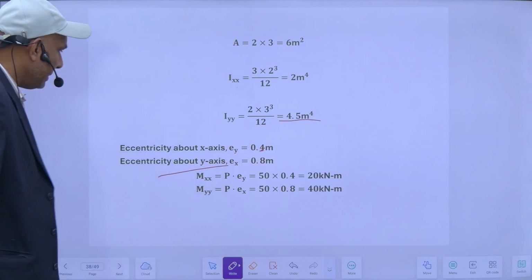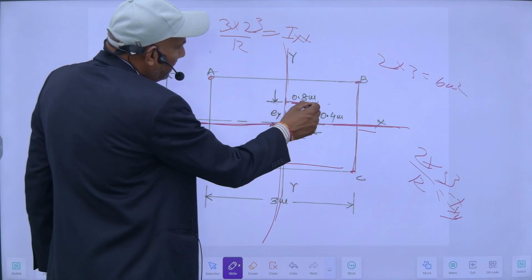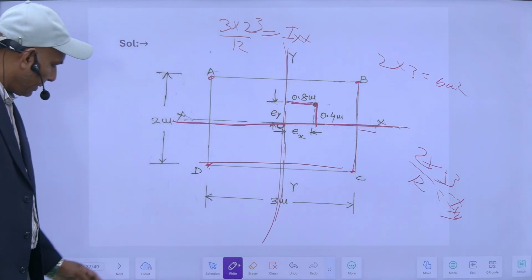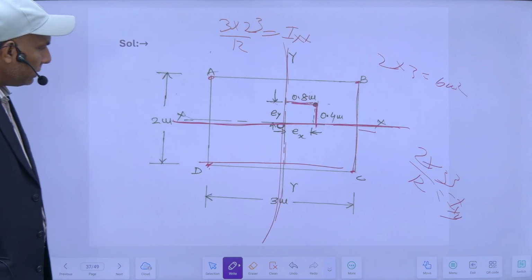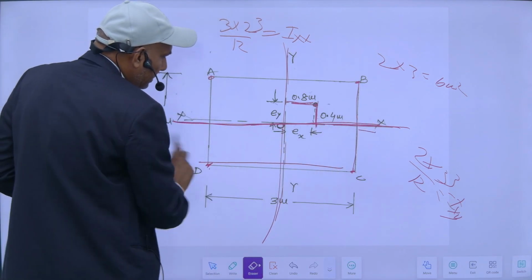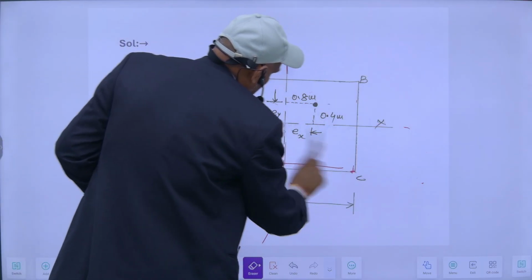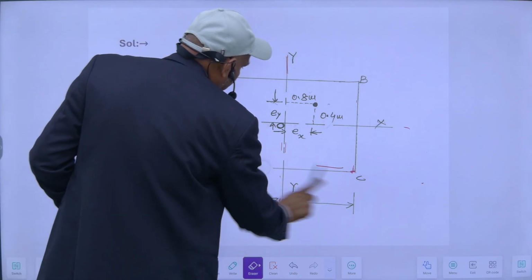Eccentricity about the y-axis is 0.8 meter. So it is EX. So my bending moment will be load into eccentricity.